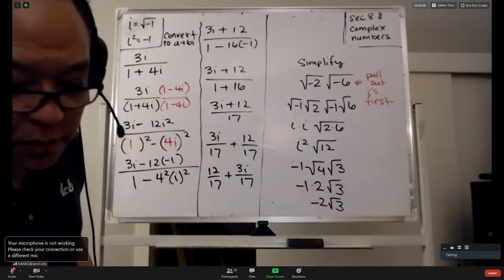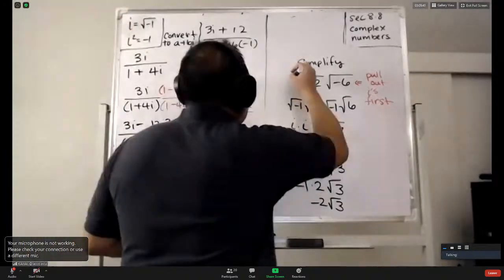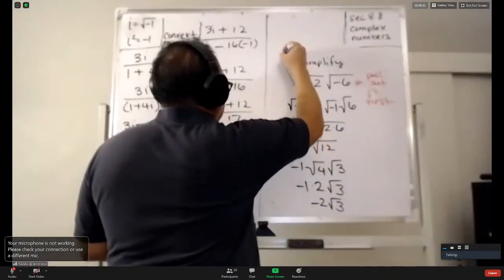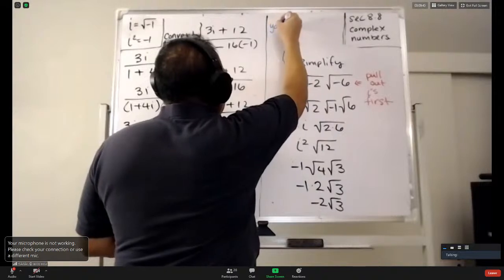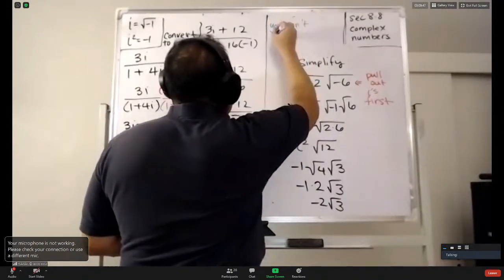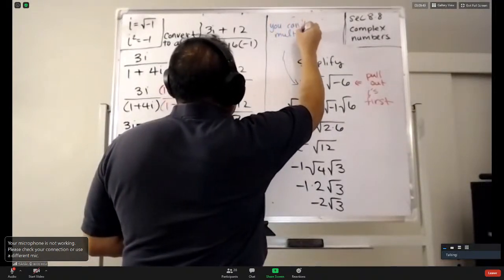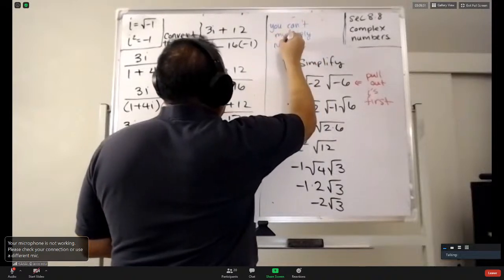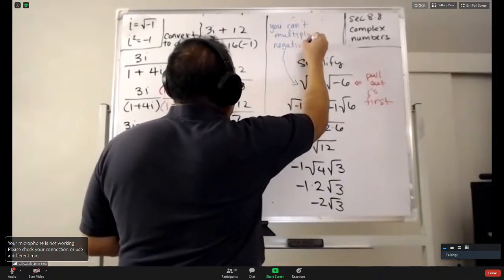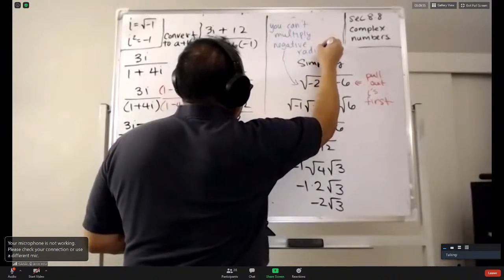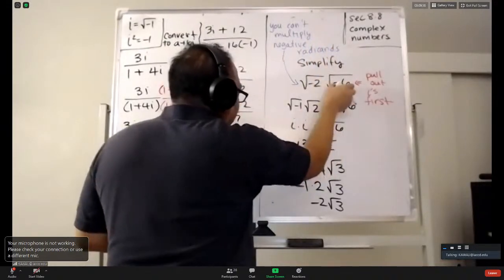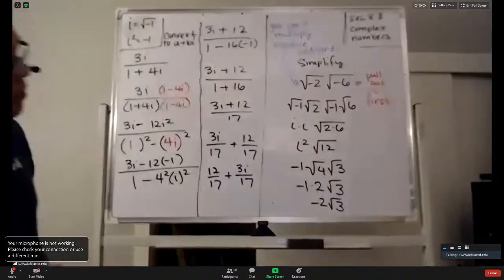Okay. So over here, the rule is you can't multiply negative radicands. Radicands mean the number that's on the inside of the square root.